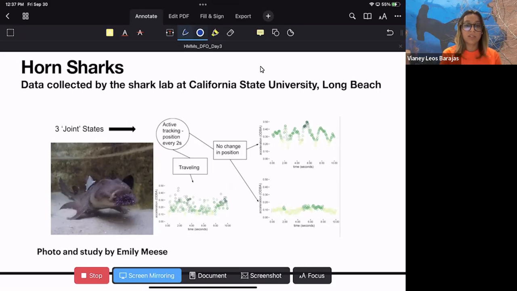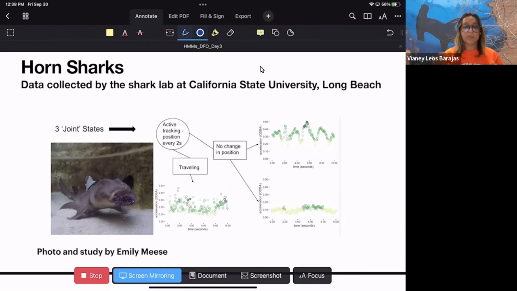The horn sharks were tracked, and there was a position recorded every 2 seconds when possible. These horn sharks also had an accelerometer tag on them. So we had the data, I believe at 25 Hertz for the accelerometer, and then the position, if possible, every 2 seconds. So we had a mismatch there already.